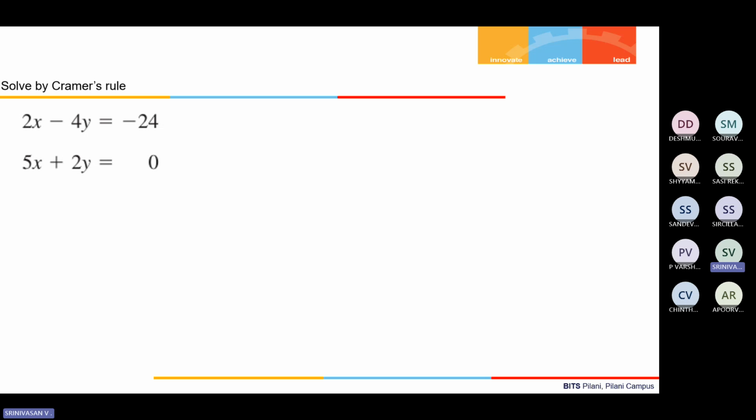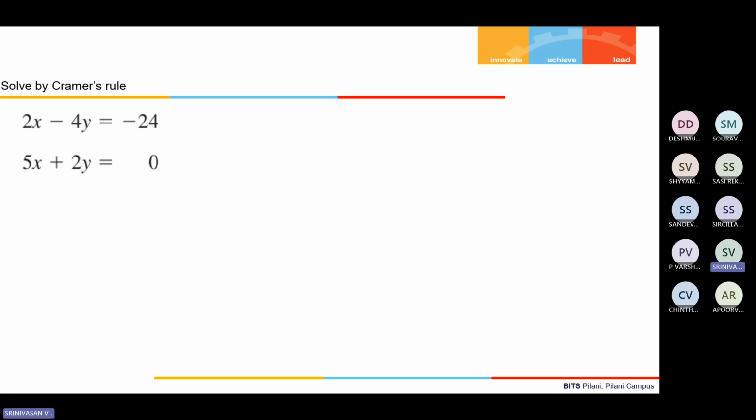That is D is equal to determinant A, that is 2, minus 4, 5, 2, which is nothing but 4 plus 20, 24. This is the first step.